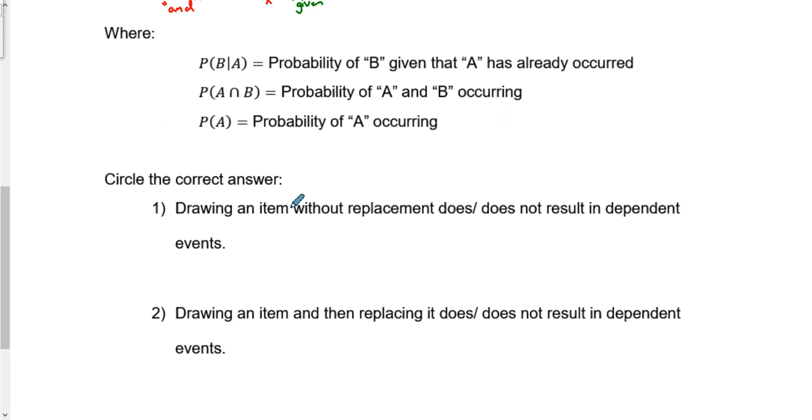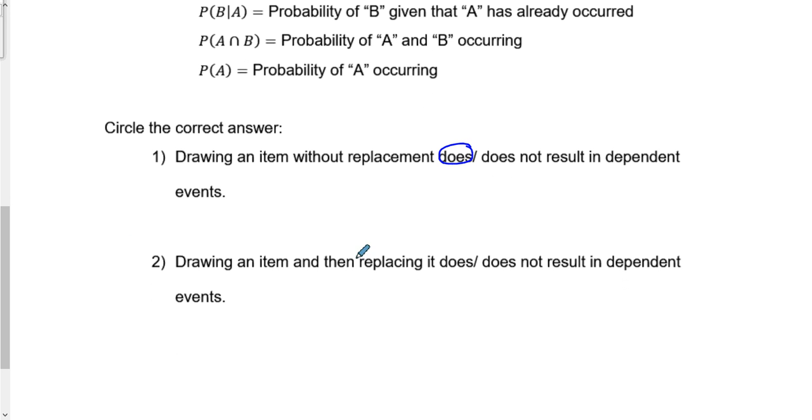So if you draw an item and you do not replace it, that for sure does have some kind of dependence on each other. You draw one item out of a bag, the next item is going to be impacted from there. Now, if we draw an item and then replace it, it would not result in dependent events.